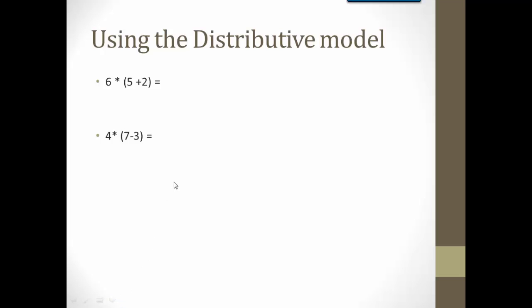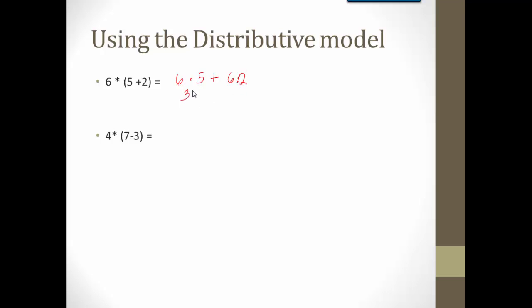So let's use the distributive model for this. 6 multiplied by 5 plus 2. 6 multiplied by 5 added to 6 multiplied by 2.